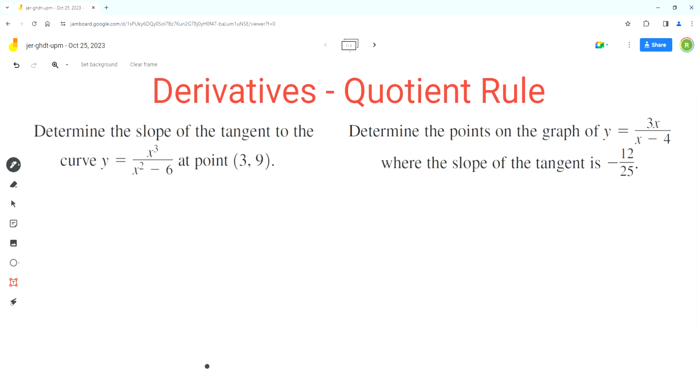So the first step is that the slope of the tangent m equals y prime, the derivative of this function.